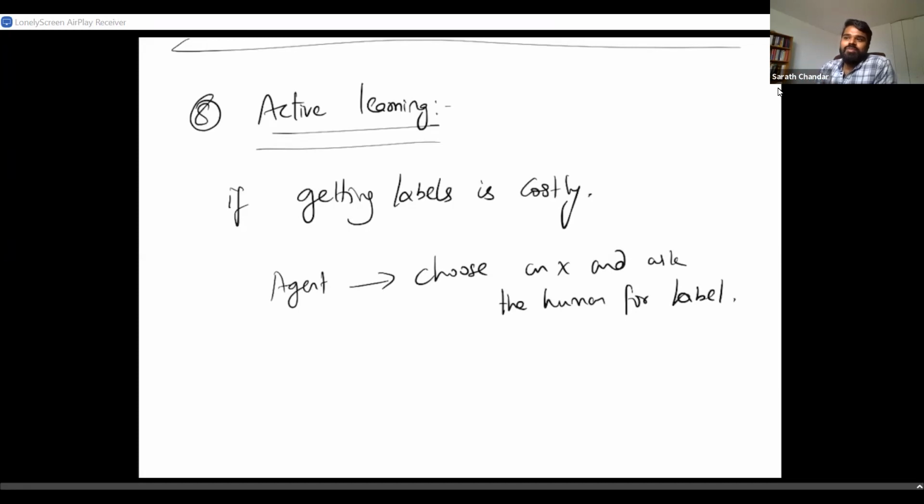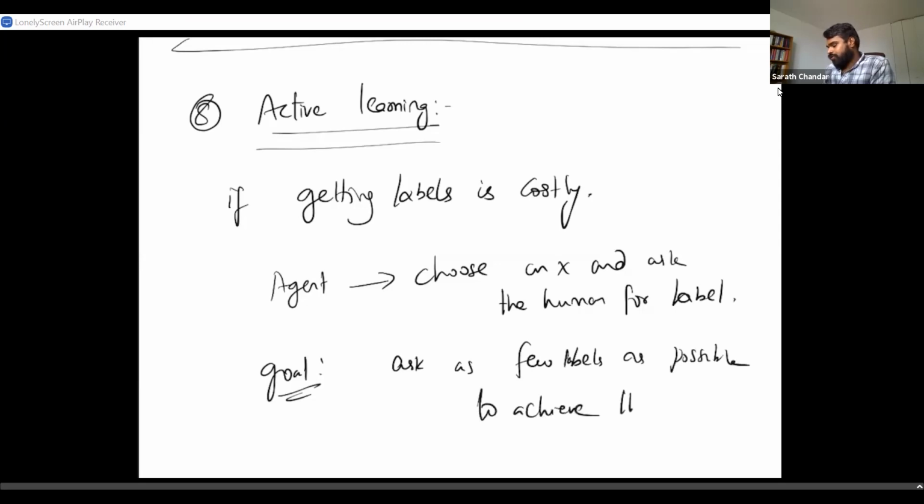The human can give labels, and the goal of this agent is to ask as few labels as possible to achieve the target performance in the task. So we have an actively learning system which chooses which x to label, simply because labeling might be a costly affair in the problem that you're working on.